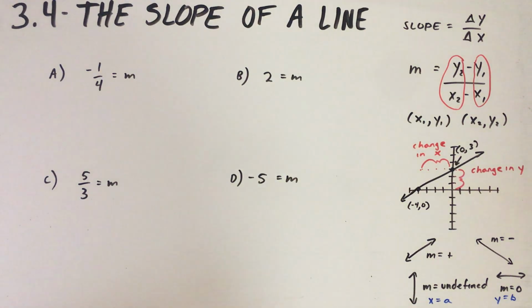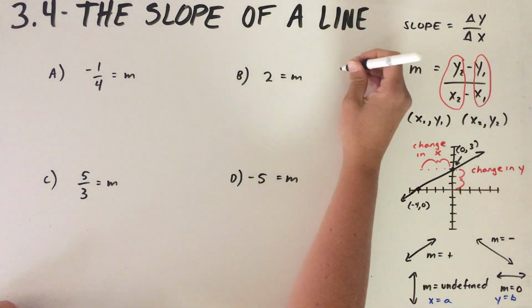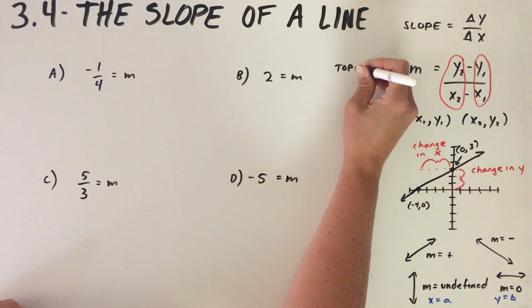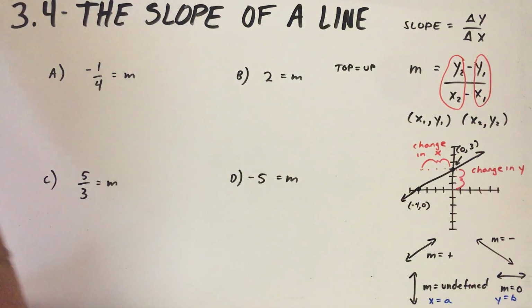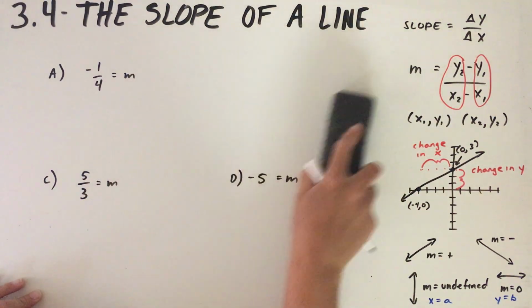Okay, well, again, the top number is going to represent whether I'm going up or down. Okay, so the top number tells me up or down. Let me give myself more room here.